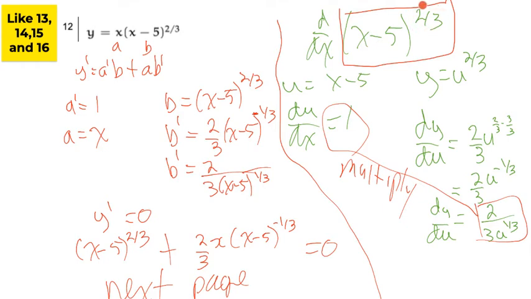So the 2/3 is going to come to the front, and then this 2/3 is going to be reduced by 1, so that's going to be negative 1/3. In fact, for b prime, I can just go directly to that. If you want to do all the work with the chain rule, you can, but you're probably going to spend a lot less time if you go directly to here.